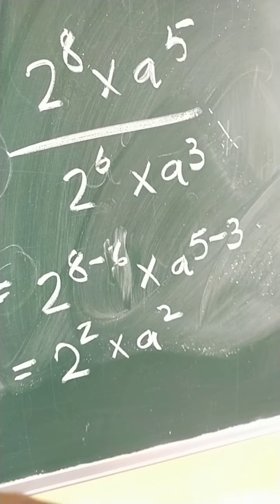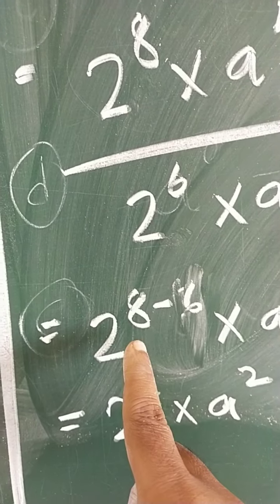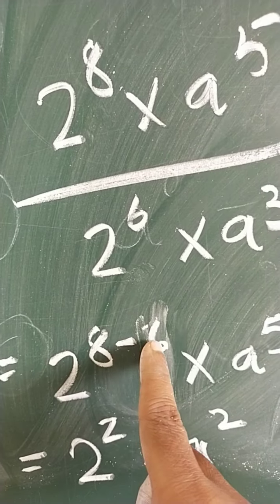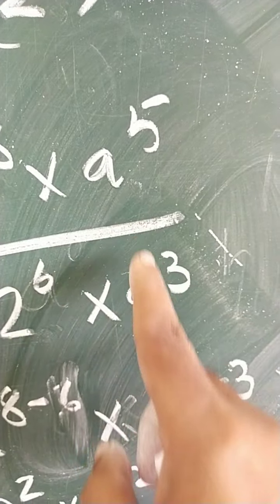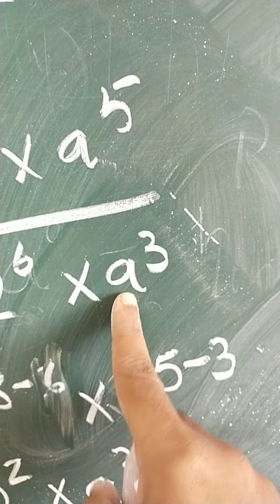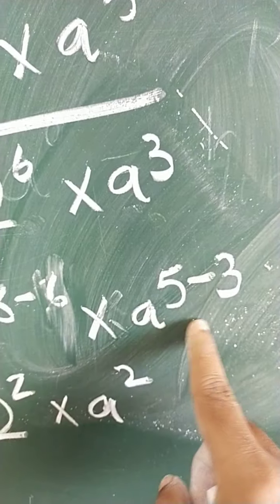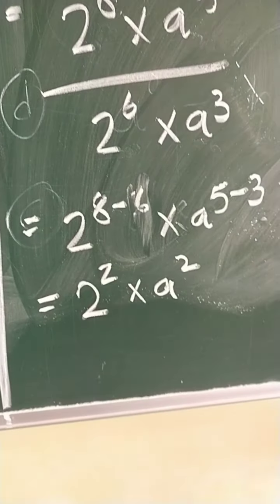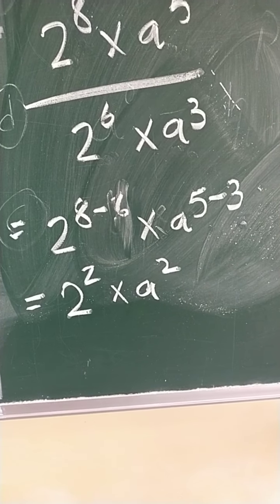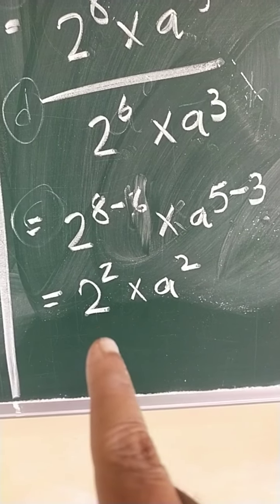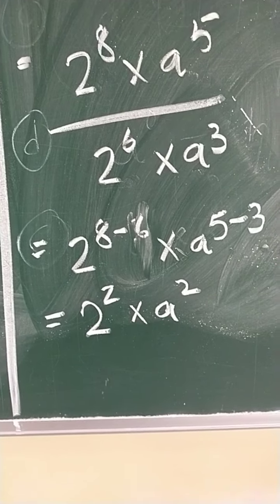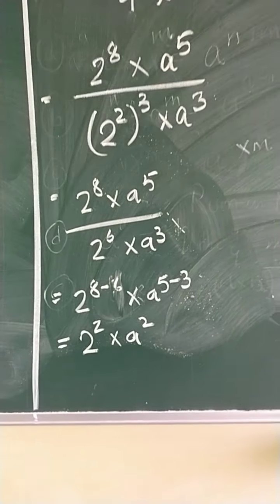In division we subtract the powers. So it will look like 2 to the power 8 minus 6, and the a's are also in division form, so we'll also subtract the powers, 5 minus 3. So your final answer would be 2 squared into a squared.